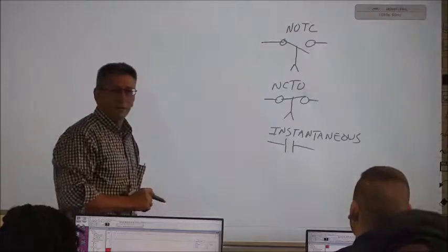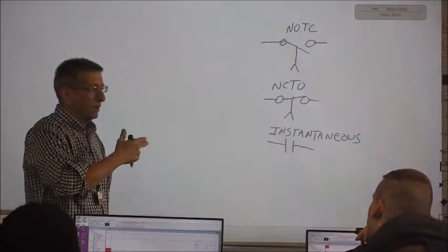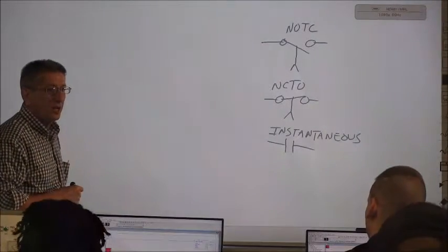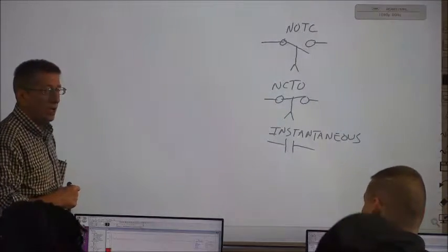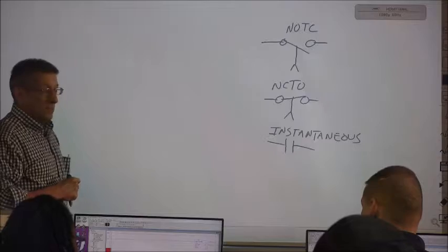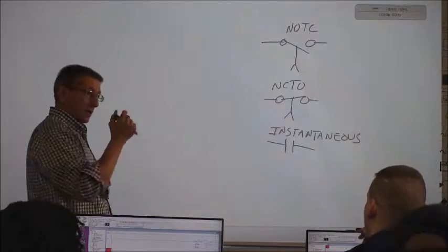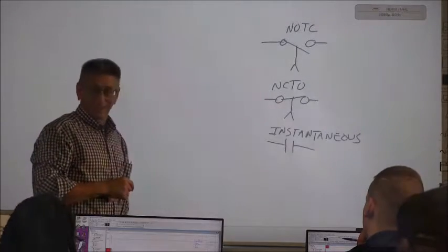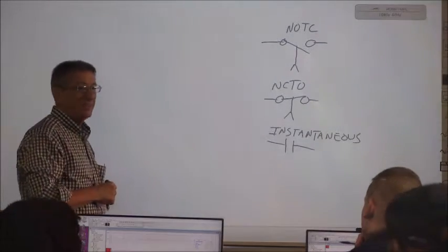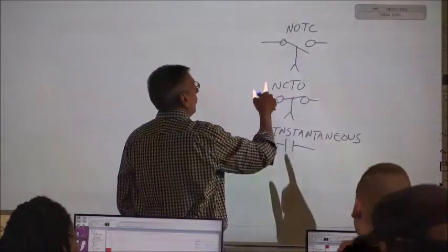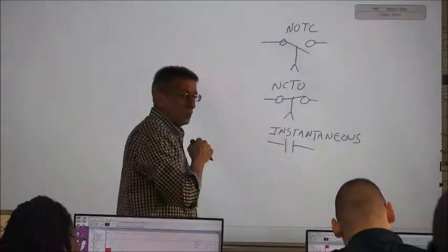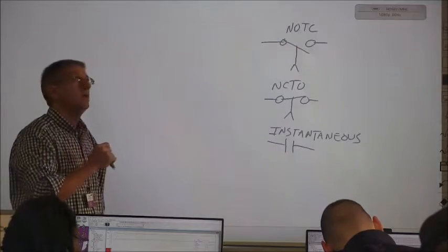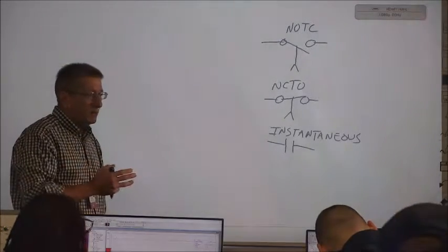I have to sound it out every time I spell it. That's only if the power is made to that contact. As soon as the relay gets energized, it closes. Now, with a normally open time closed, which timer bit will we use?